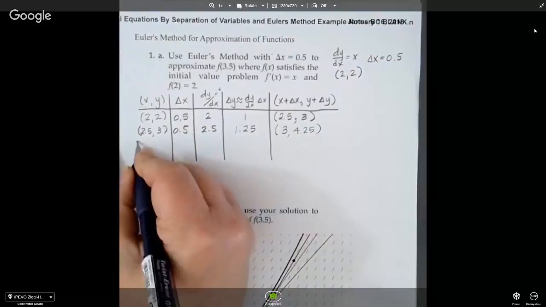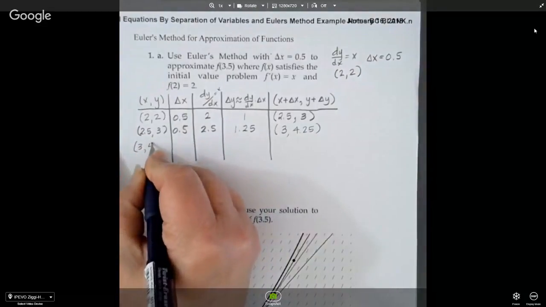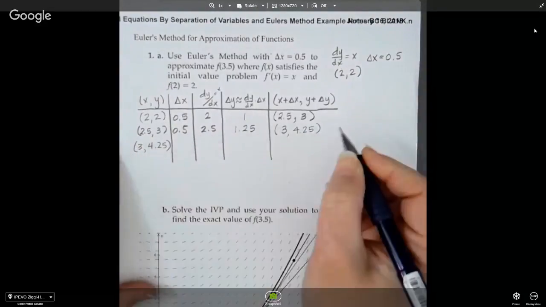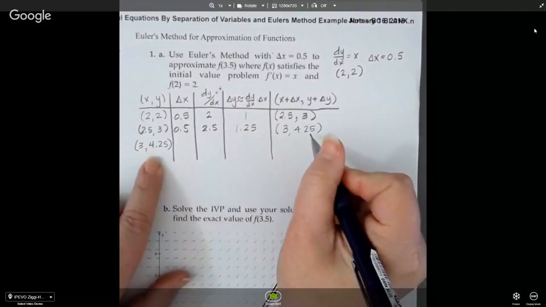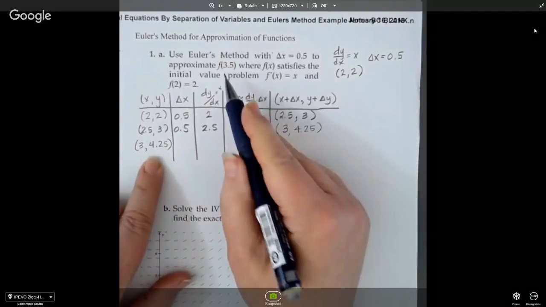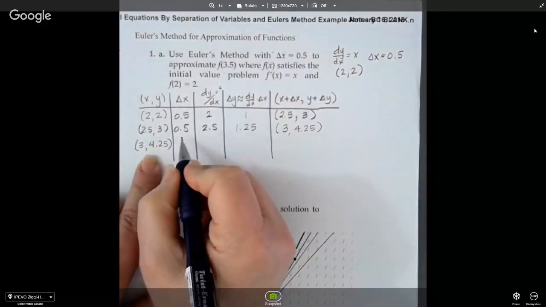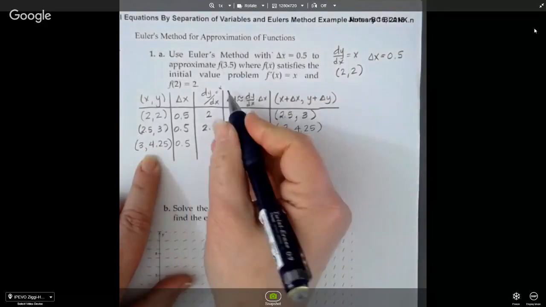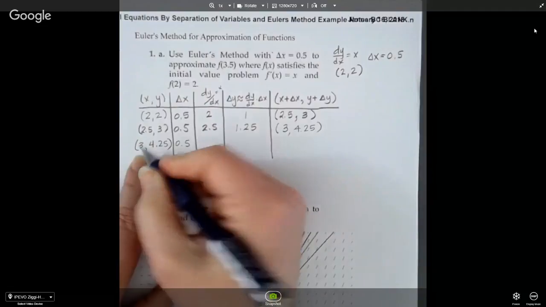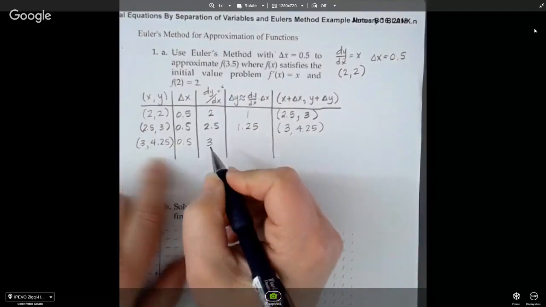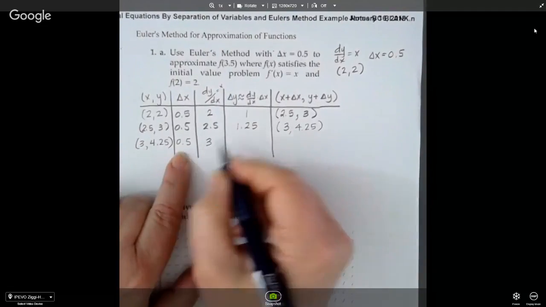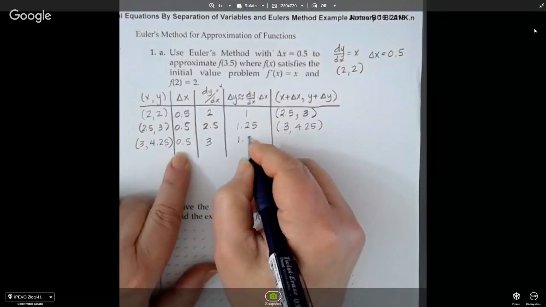moving that over here, of 3, 4.25. All right, so now I'm going to do the same iteration because I have to end at 3.5. Okay, so delta x is still 0.5. The slope is going to be 3 because it's whatever x is. And if I multiply 3 times 0.5, I get 1.5.